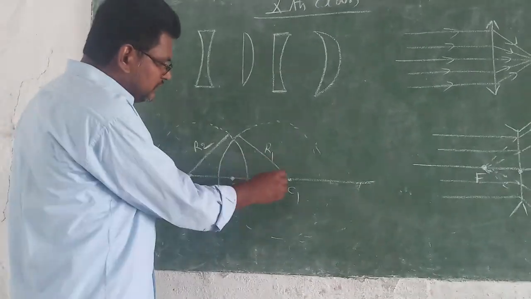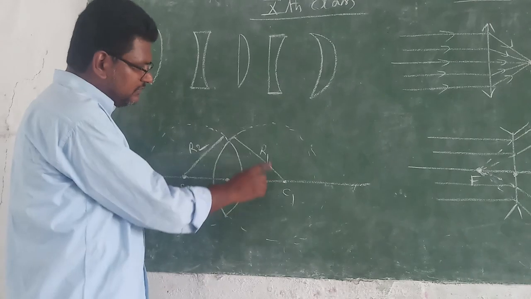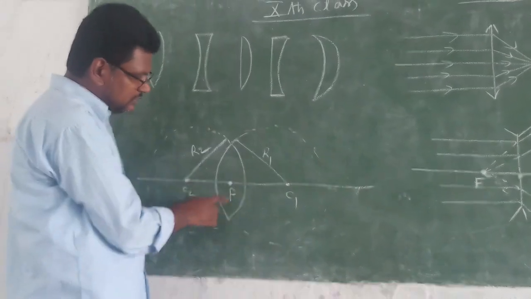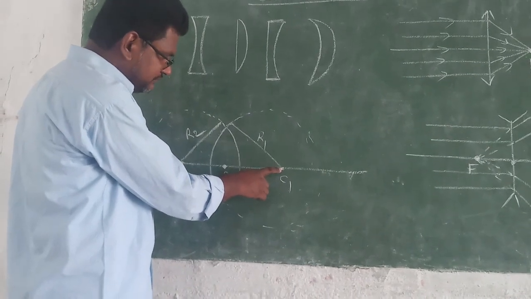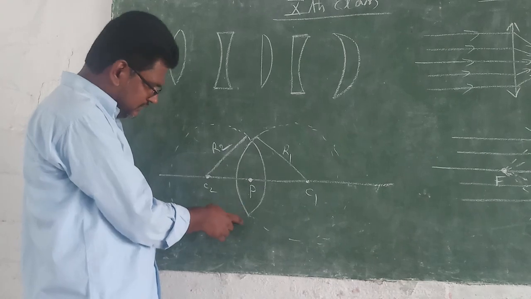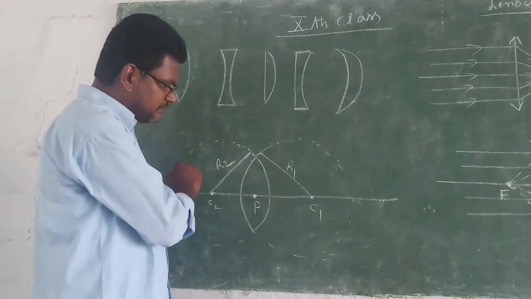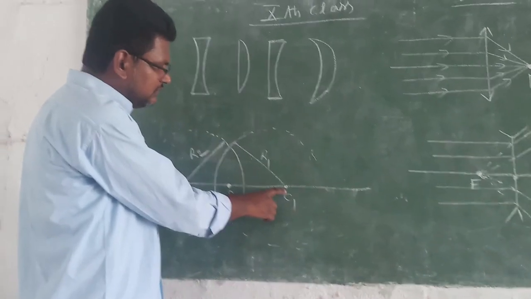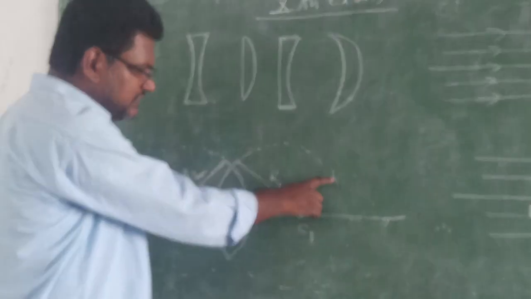This is the center of the sphere formed by this surface, and this is the center of the sphere formed by the other surface.